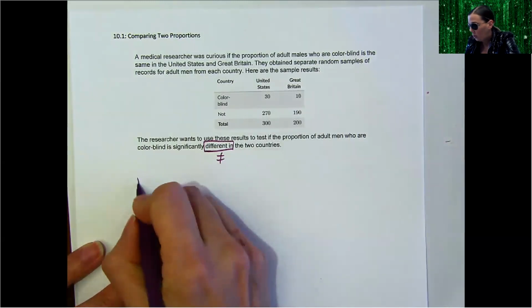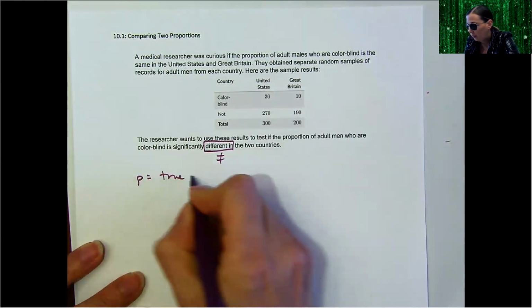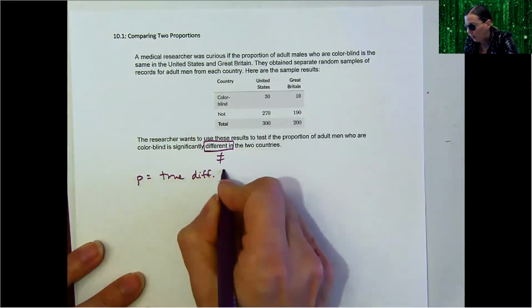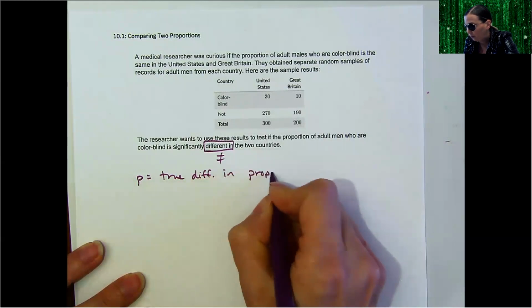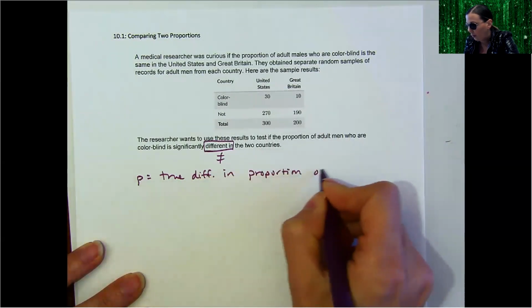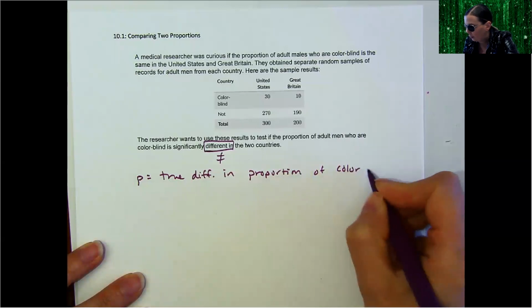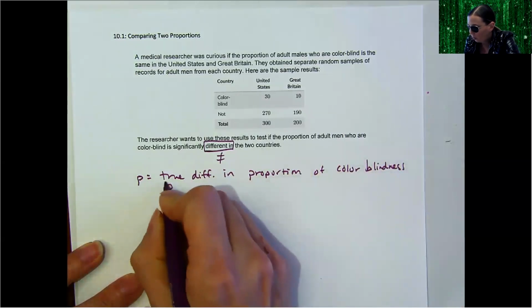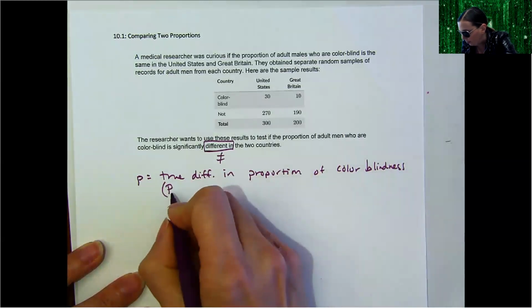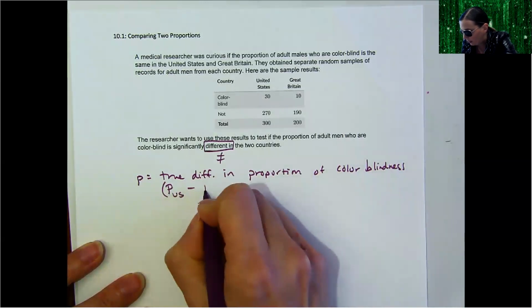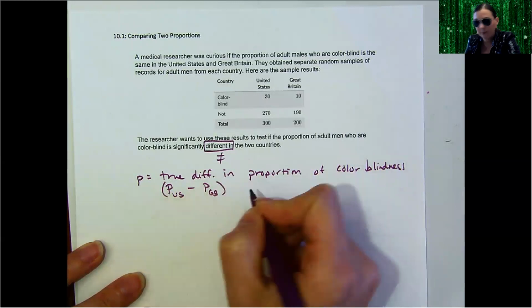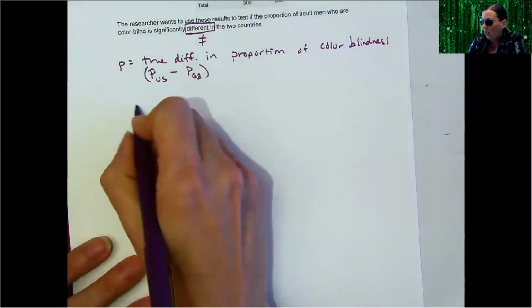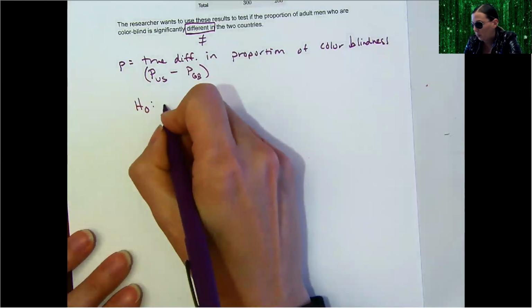Here we go. We're after the true difference in proportion of color blindness. We're going to go in this order: United States minus Great Britain. Our null hypothesis is that there is no difference between them.